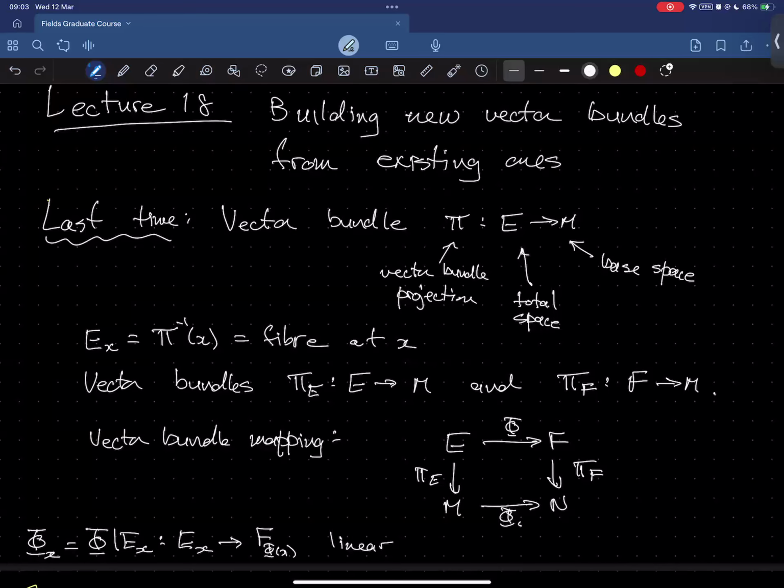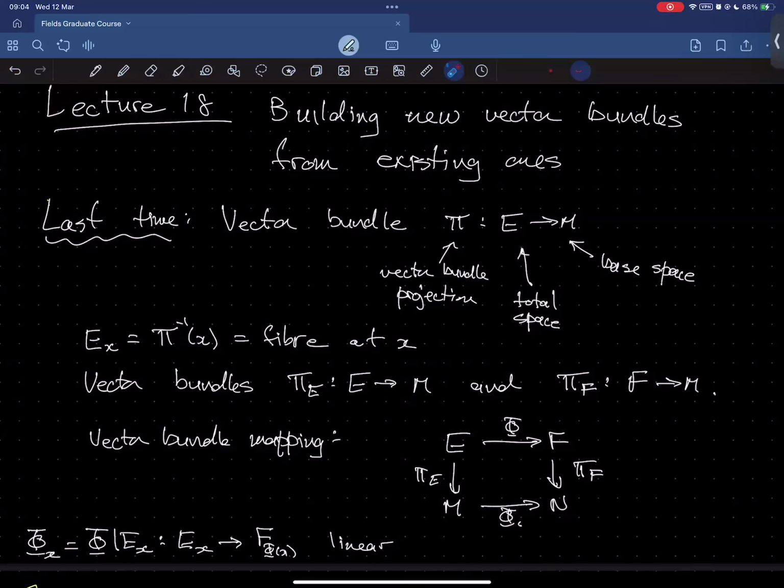So we're talking about vector bundles. So let me sort of summarize where we are with vector bundles. So we had defined the notion of a vector bundle, which has a total space E, a base space M. And remember that the base space is a set of points in E, which when you represent those in a chart, they correspond to the point 0. The vector part is 0 in the vector bundle chart.